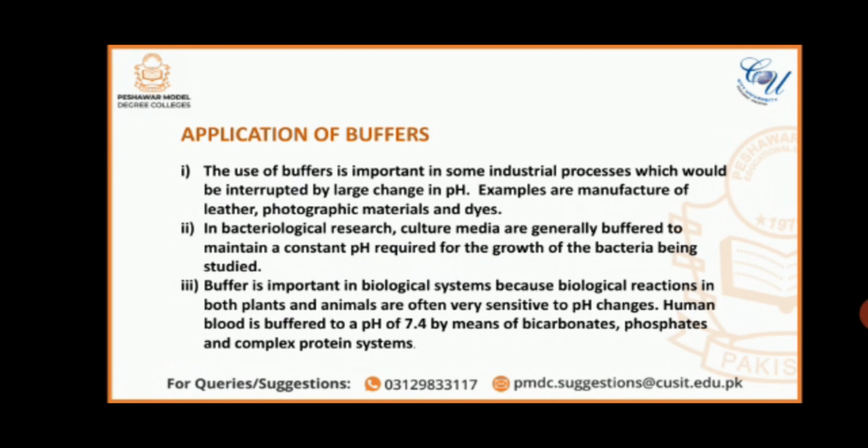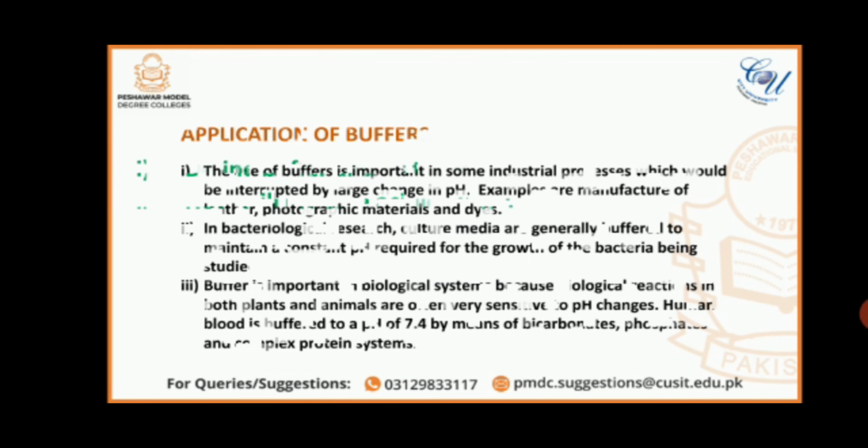Number third, buffer is important in biological systems because biological reactions in both plants and animals are often very sensitive to pH changes. Human blood is buffered to a pH of 7.4 by means of bicarbonates, phosphates, and complex protein systems.